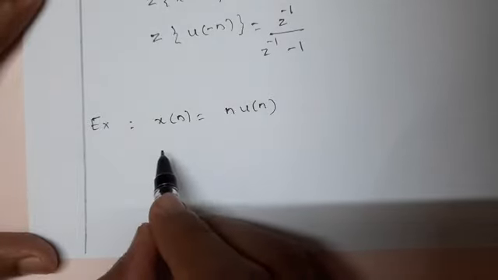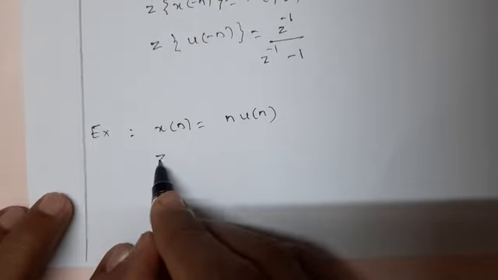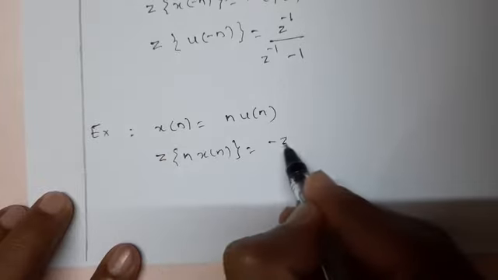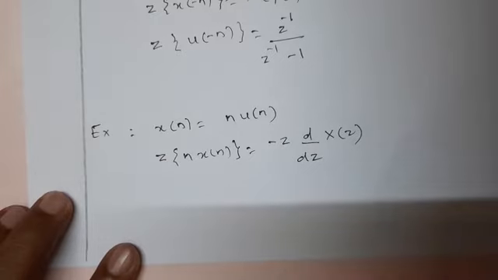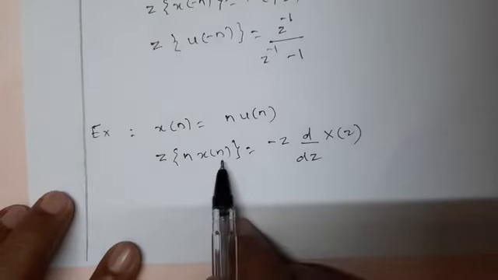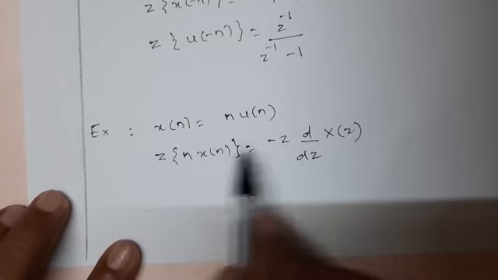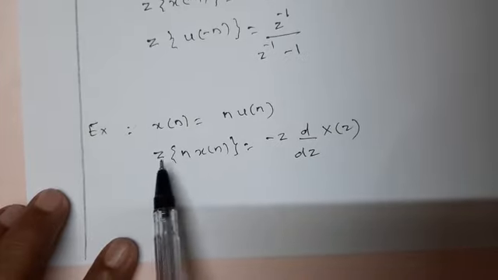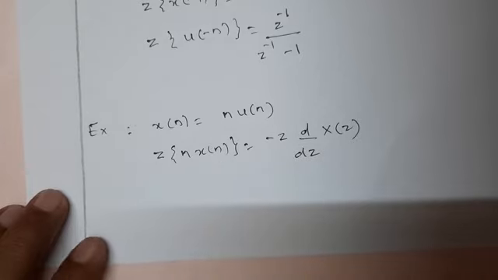One of the properties states that z transform of n into x of n is minus z d by dz x of z. Am I right? So n into x of n is multiplication by time or differentiation in z domain, we call this property. What that property states was z transform of n into x of n is minus z d by dz x of z.